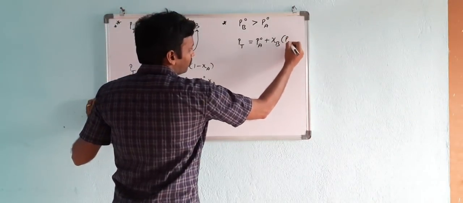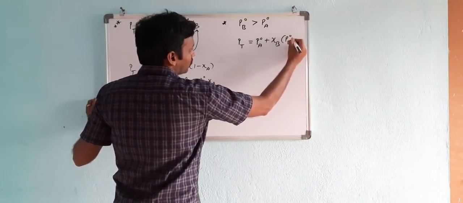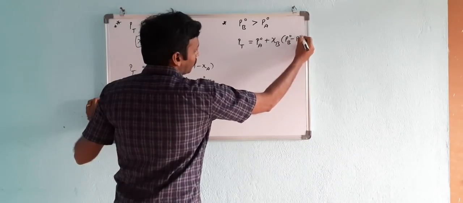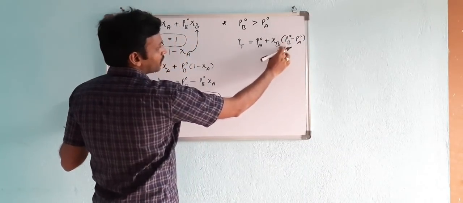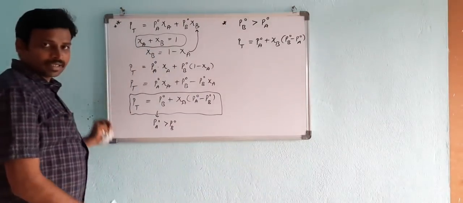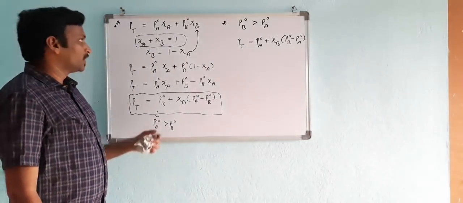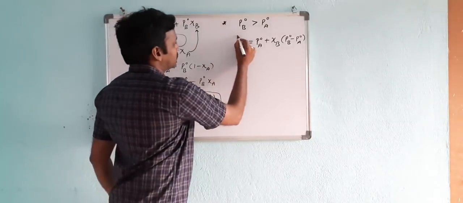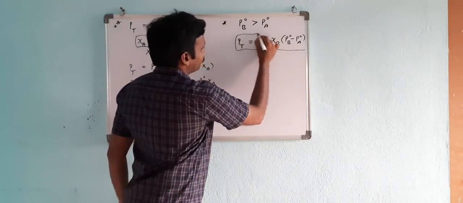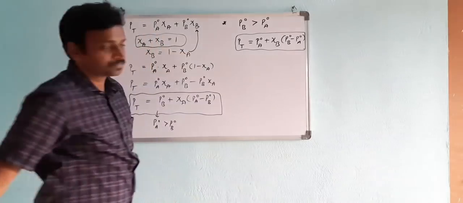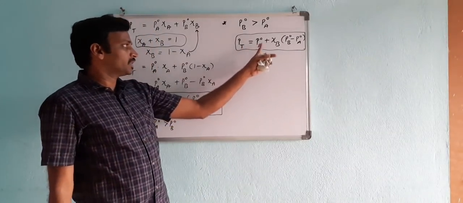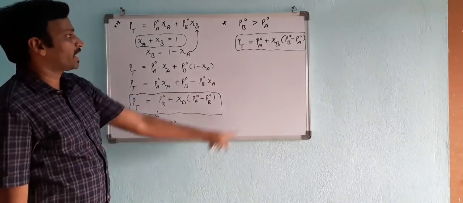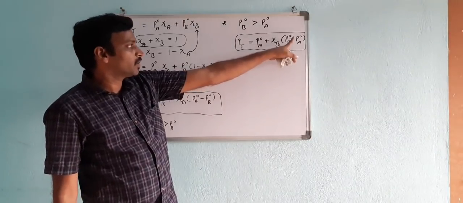So here PB naught minus PA naught. I am telling you, they will ask the question like this: if PB naught is greater than PA naught, which of the following relations is correct? If they ask, you must answer: P total is equal to PA naught plus mole fraction of B into PB naught minus PA naught.